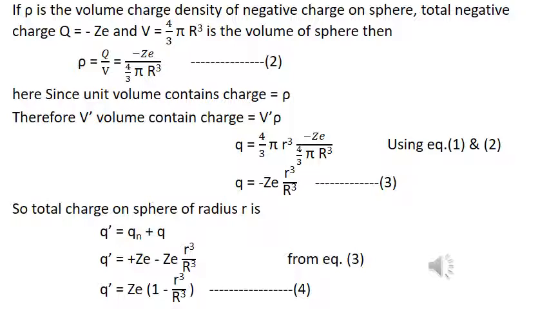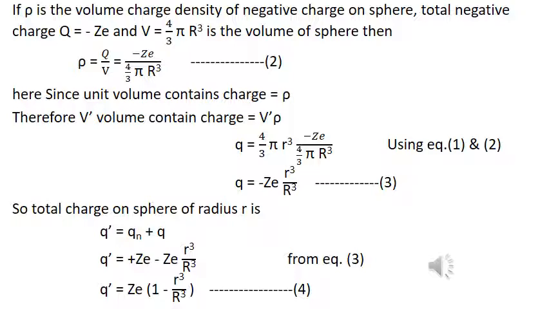As per the definition of charge density, charge per unit volume is the charge density. So we can write per unit volume contains charge rho. Therefore, V dash volume contains charge V dash into rho.